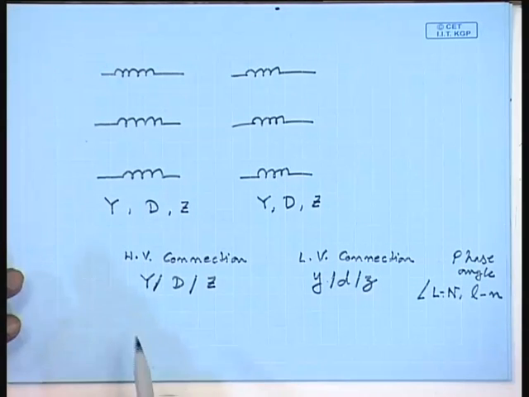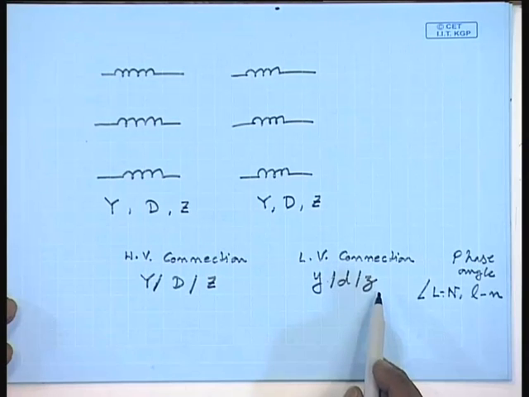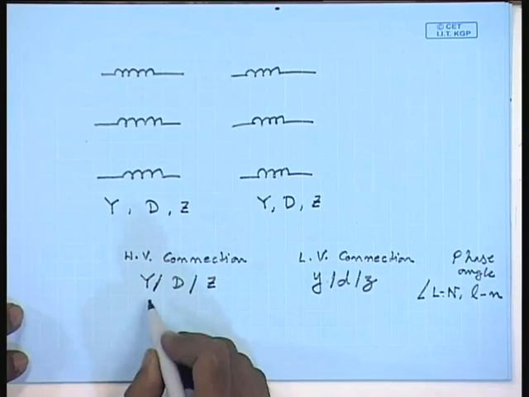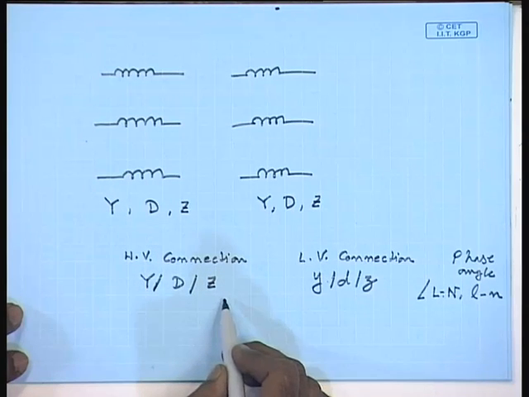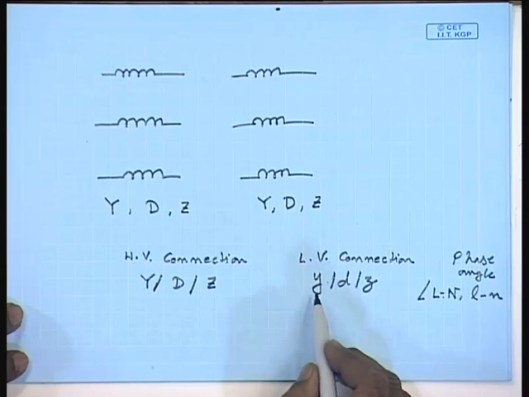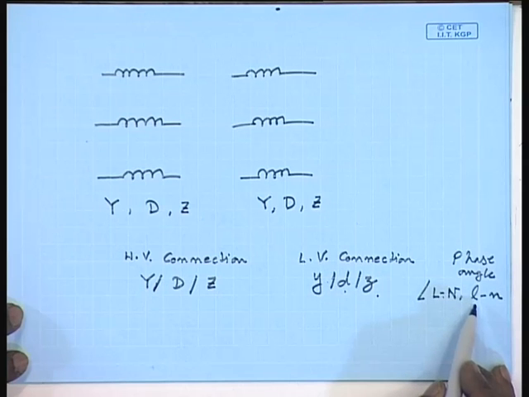So, a complete specification of 3-phase transformer winding connection will involve specifying the high voltage side connection, star, delta or zigzag, low voltage side connection again star, delta or zigzag, and the phase angle of the low voltage line to neutral voltage phasor with respect to the high voltage line to neutral voltage phasor.